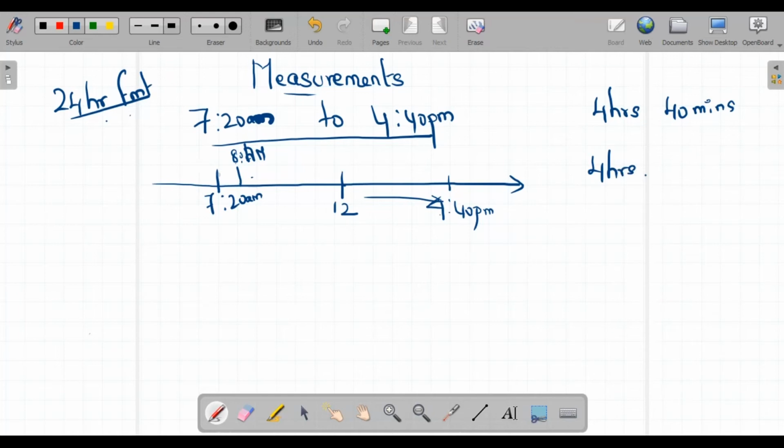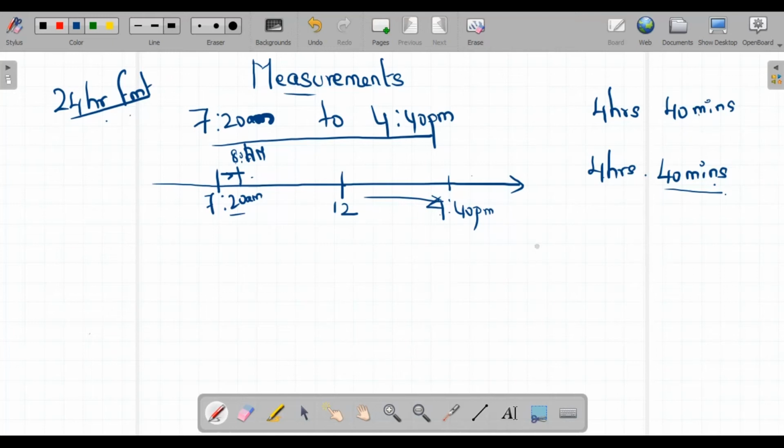And then from 7:20 to 8, let us find out how much time has passed, which is nothing but 40 minutes. Correct? 1 hour is 60 minutes, so from there I am subtracting 20. That gives me 40 minutes. So from 7:20 a.m. to 12 noon, it takes 4 hours and 40 minutes. And from 12 noon to 4:40, it takes another 4 hours and 40 minutes.